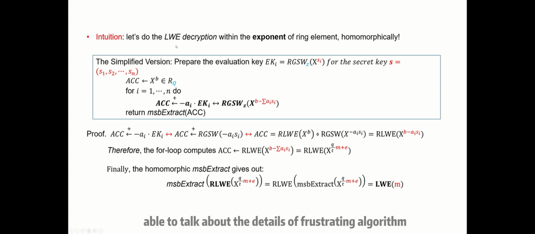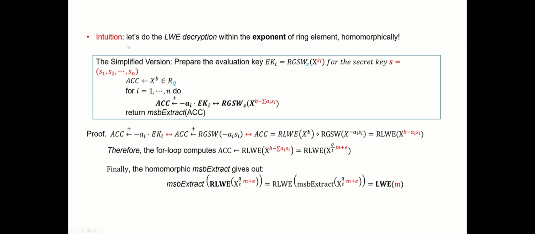Finally, we are able to talk about the details of the bootstrapping algorithm. So remember, the intuition behind the bootstrapping algorithm is that we somehow design a method to do the LWE decryption within the exponent of the ring element, essentially the exponent of x, the polynomial x to the power of m, homomorphically. So a simplified version of the algorithm is that I first prepare some keys.